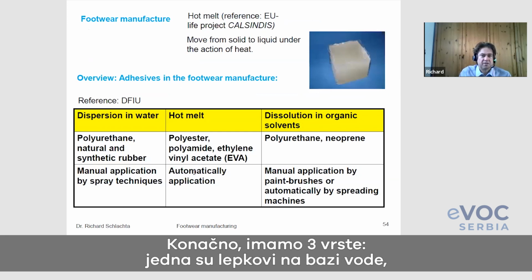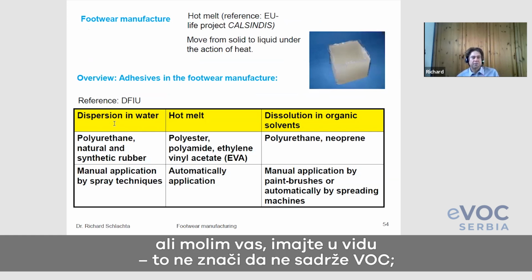So we have finally, let me say, 3 types. We have what is very good, dispersion in water, what we would say water-based adhesives. But please take care. Water-based does not mean it is zero VOC, that means zero volatile organic compounds.